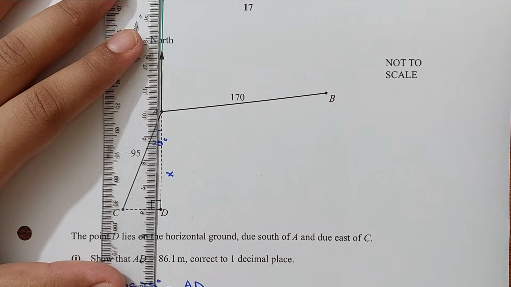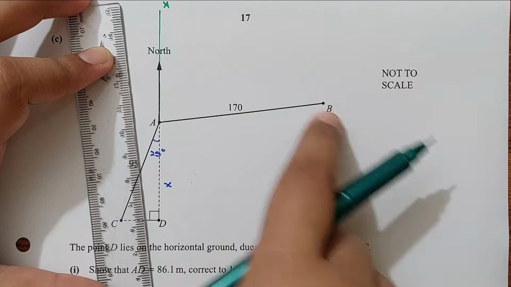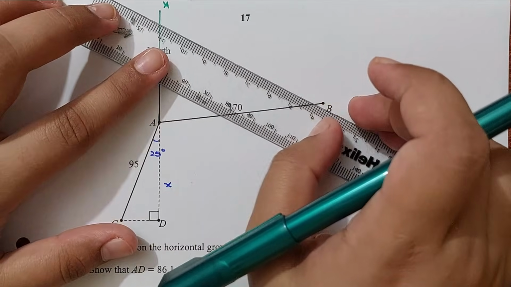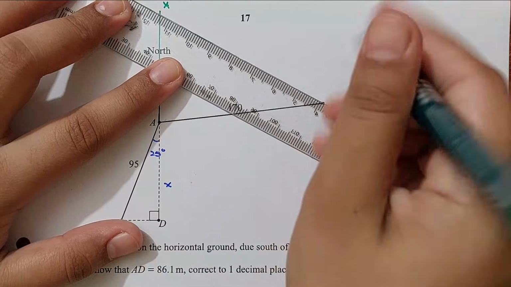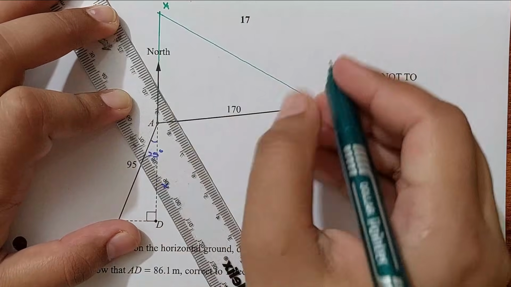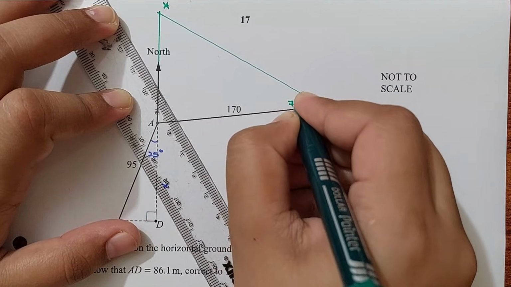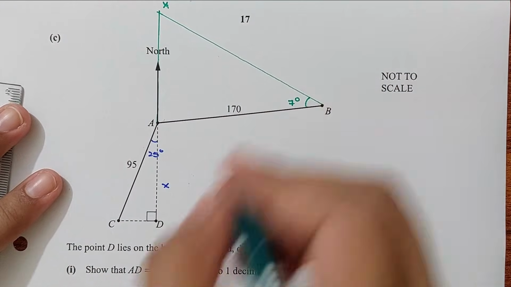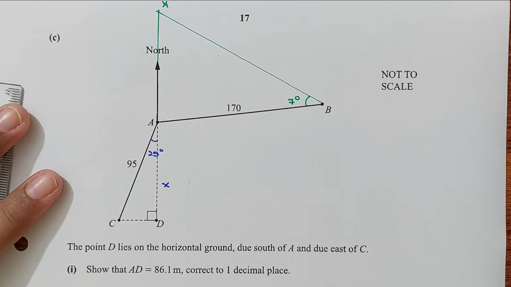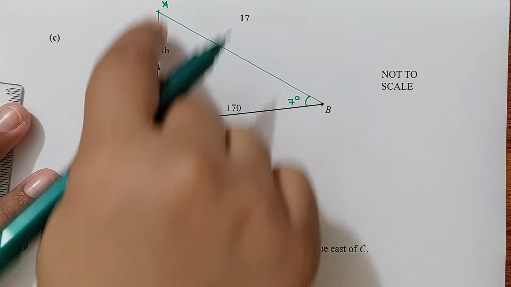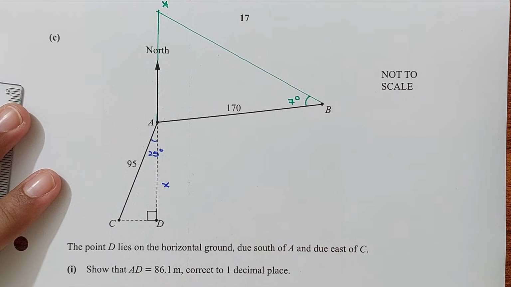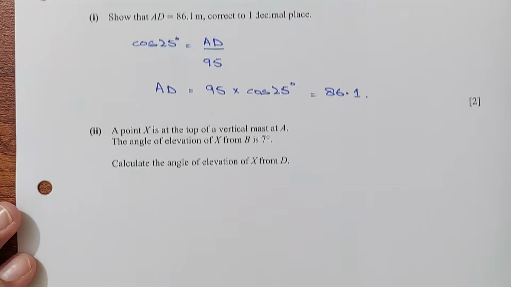And the angle of elevation of X from B to X, this angle is 7 degrees, right? We have to calculate the angle of elevation of X from D. Let me explain the situation.